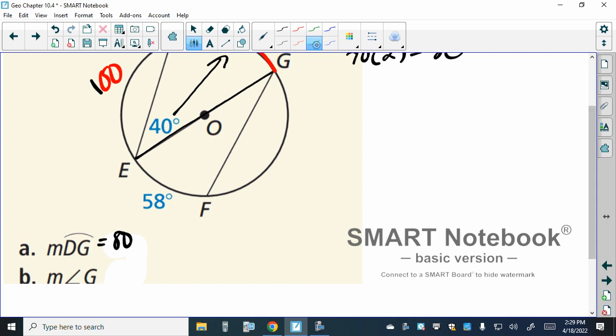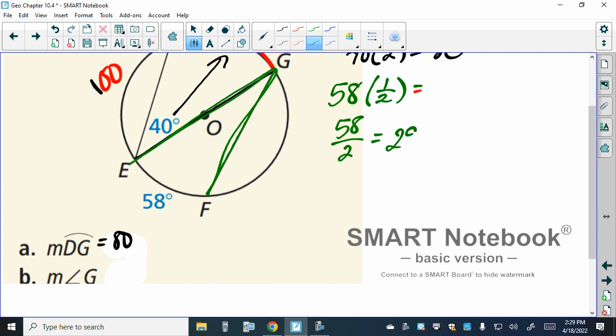So the other part's asking for angle G. So just wanting this angle here. Because the inscribed angle is half the measure of its arc. So the arc is what? So we can multiply it by 1/2 or divide 58 by 2. Yes.